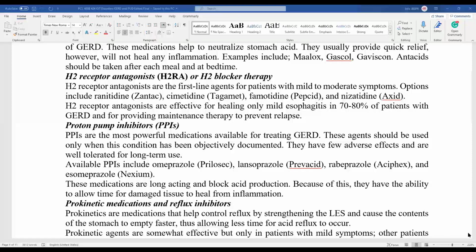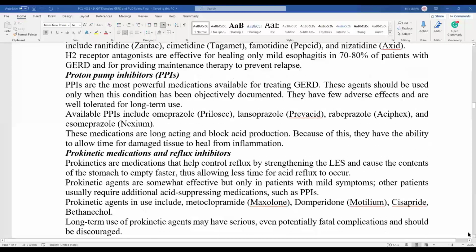Then the last group of drugs are what we call prokinetic medication or reflux inhibitors. This one will increase the movement of the GIT content. That's moving it away, so they don't allow much time for it to be regurgitated. And this one includes metoclopramide, which is popularly known as Maxolon, and domperidone.